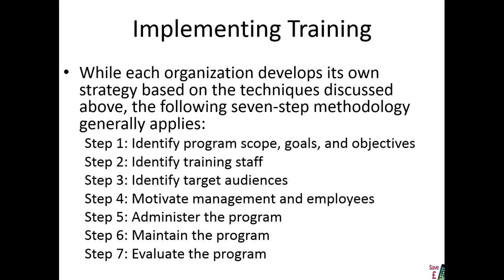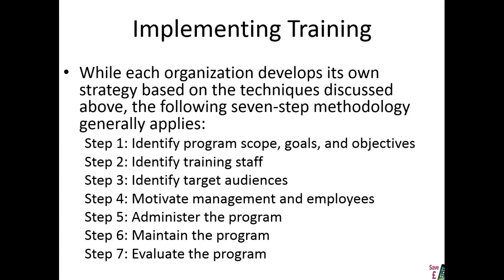How does the company implement the training? Each organization develops its own strategy based on the techniques that we just talked about. But this seven-step methodology normally applies. First, identify program scope, goals, and objectives. Second, identify training staff.